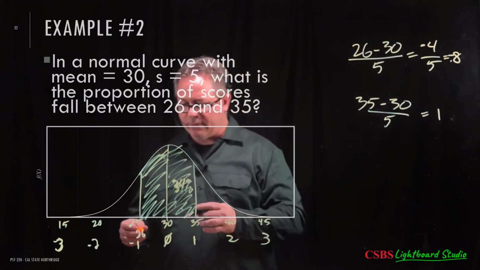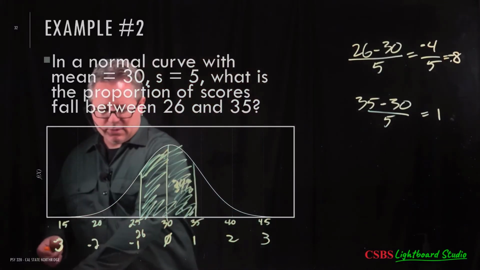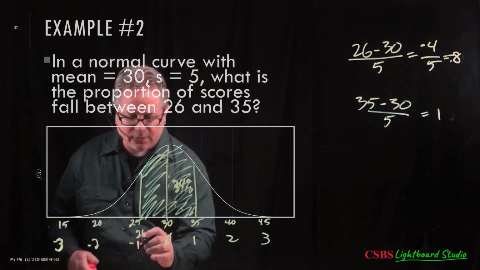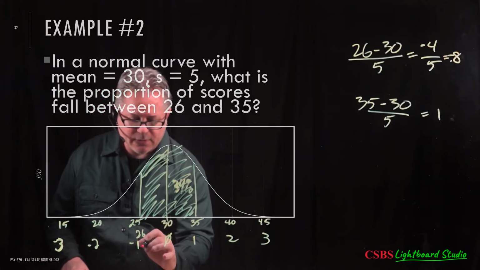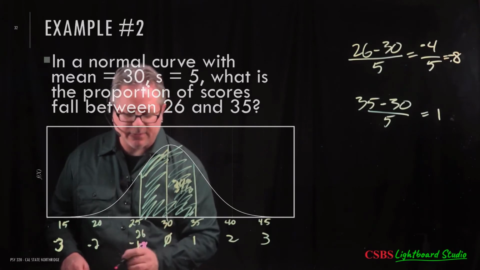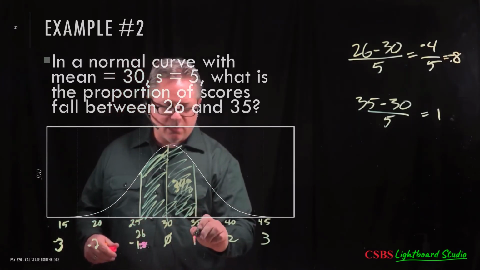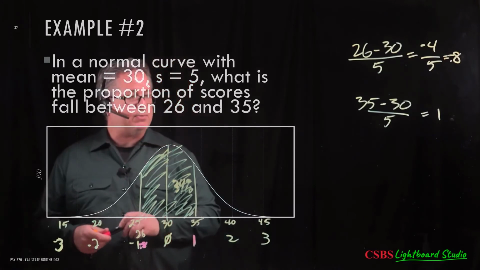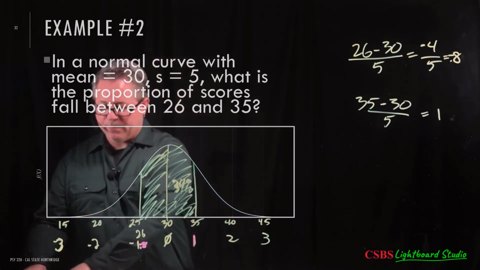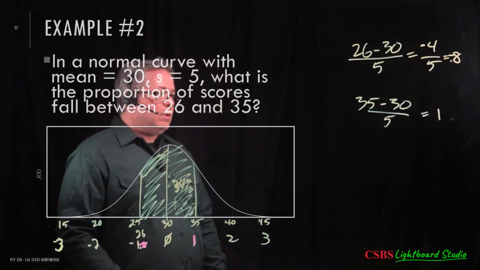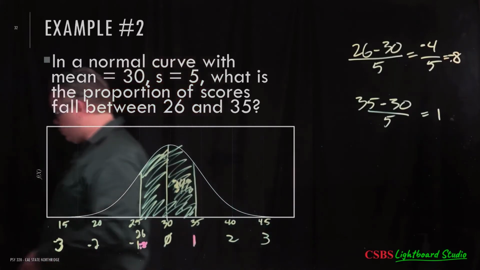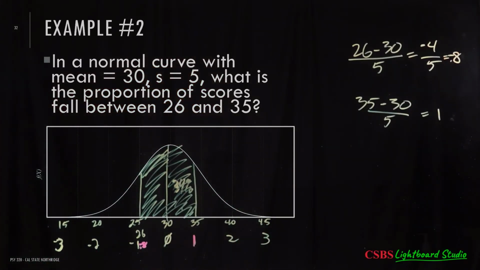So I can go here for a second and say, all right, well, let's keep that in mind. Down here on the z-score scale, I'm looking for a number that corresponds to -0.8. That's the number I'm looking for there, but I also want a 1. Those are my two numbers that I'm interested in looking at the area between. Okay, so -0.8 and 1, so let's look at those on our z table.